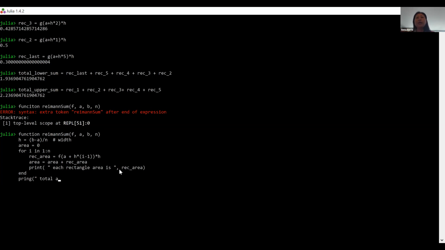So total lower sum is, I'm going to do area. I'm going to do this a little bit later. For now, I'm just going to find each area.